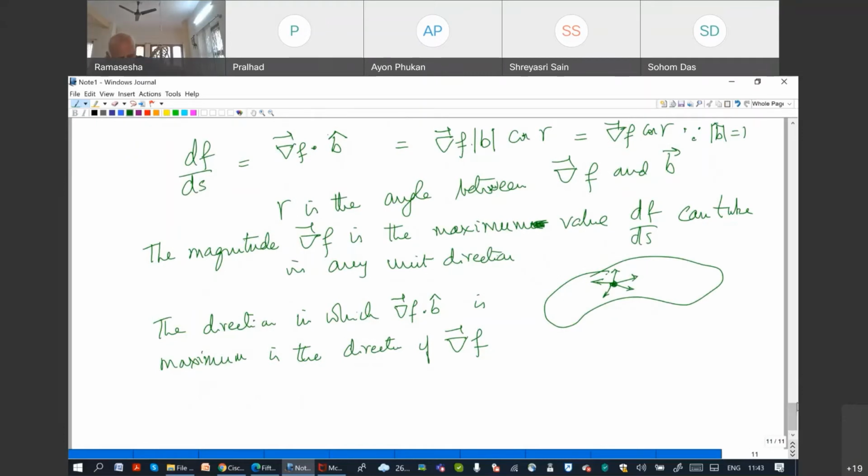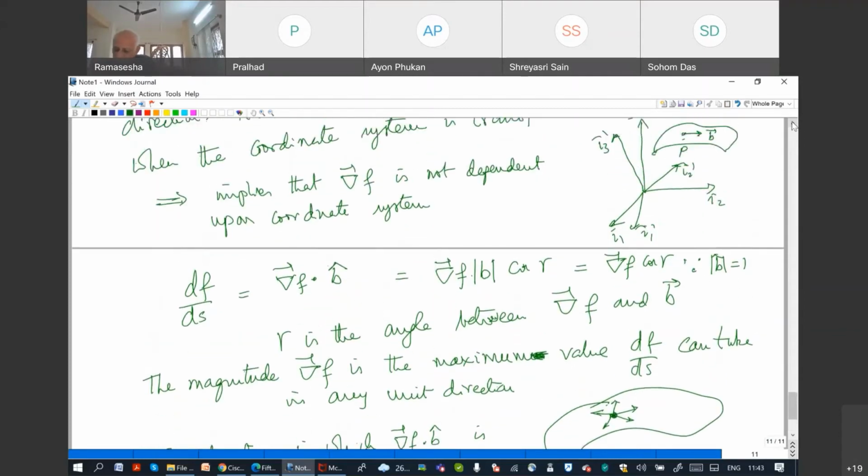Could you explain the statement, the magnitude of grad f is the maximum value of df by ds? You see, when I take a unit vector b, df by ds is given by norm of grad f times cos gamma. Grad f is a vector, and gamma is the angle between the vector grad f and b.